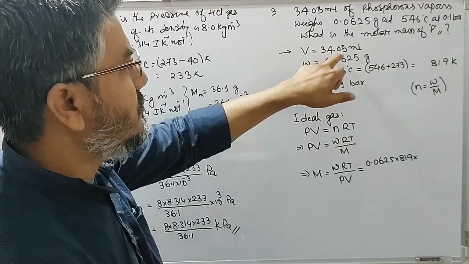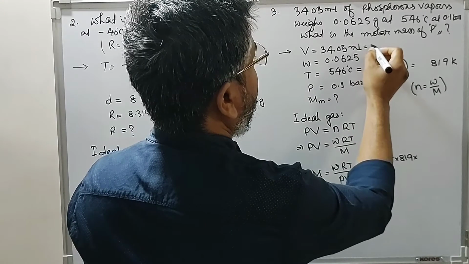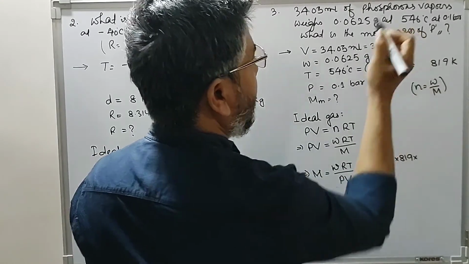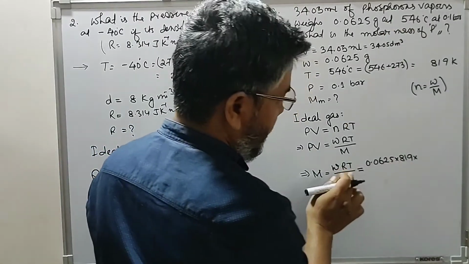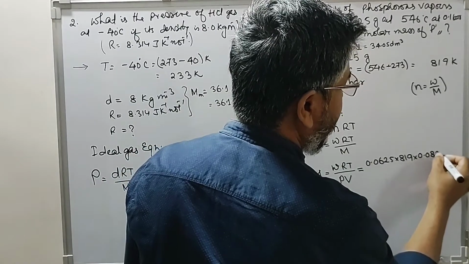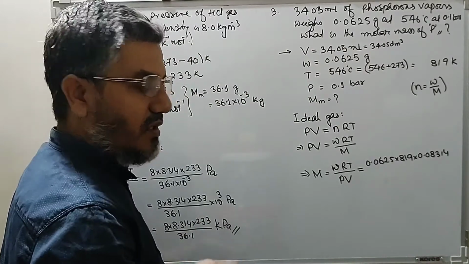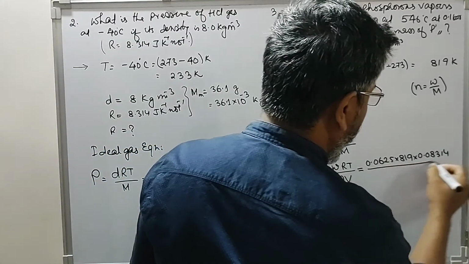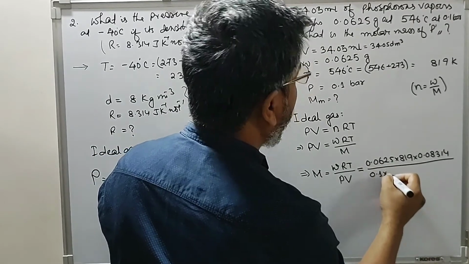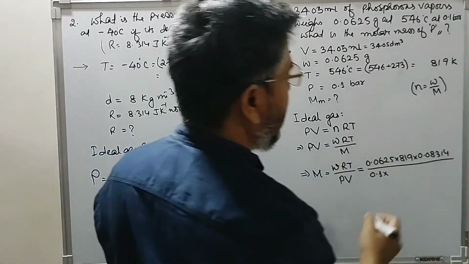Volume is 34.05 ml, which means 34.05 dm cube. So we can use pressure in terms of bar, and R in terms of bar: 0.08314 bar dm cube per Kelvin per mole divided by pressure. Pressure is 0.1. Volume is given as 34.05 dm cube.